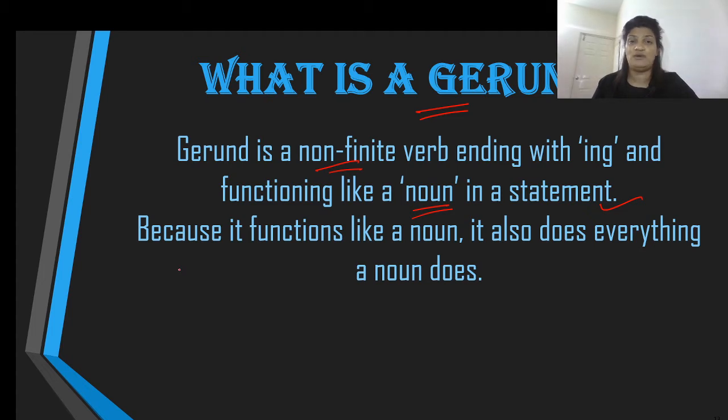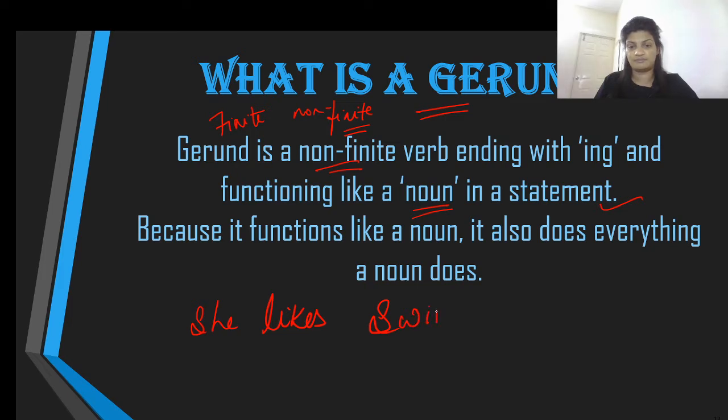Well, if you have watched my previous videos, which were on participle and infinitive, I have given you clarity on how to differentiate between finite and non-finite verbs. But still, let me give you an example and clarify that. Supposing I were to say, she likes swimming.